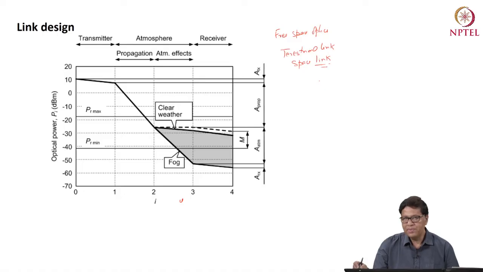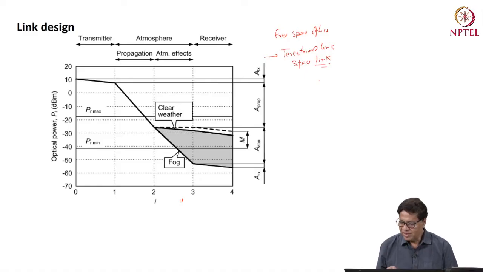So through these examples, we will understand what kind of transmitter is required, what kind of receiver is required, what is the divergence required, and what are the different receive aperture and transmit aperture, or transmitter gain or receiver gain, required for designing these 2 links.